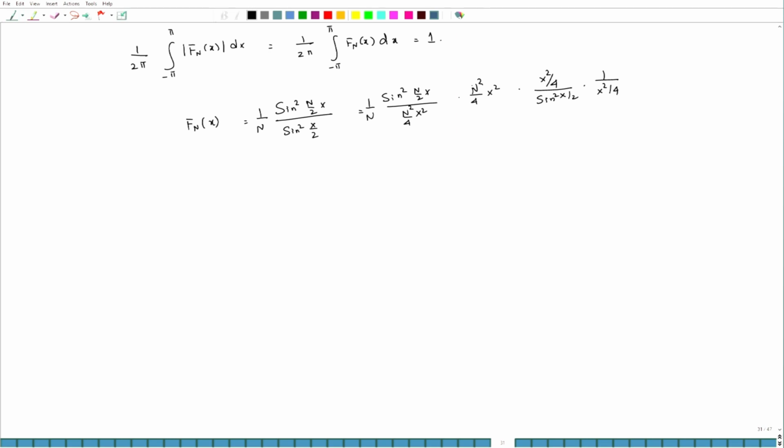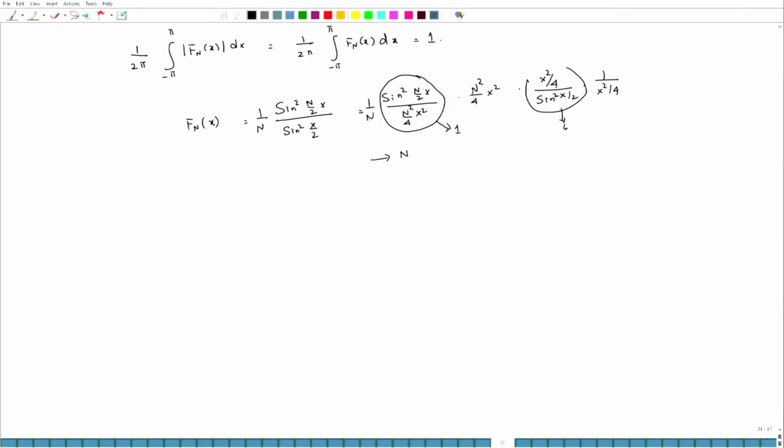Now, this goes to 1, this also goes to 1, and the x square by 4 and 1 over x square by 4 cancel, so 1 by n into n square. So, this goes to n. So, at 0 this Fejér kernel is picking up and taking the value n.